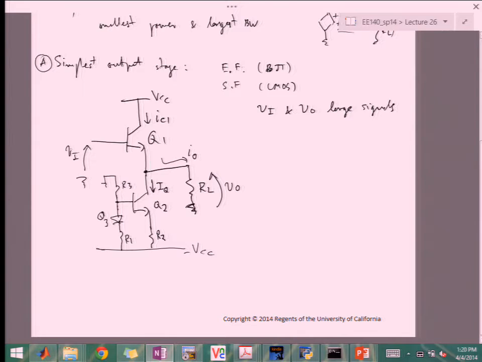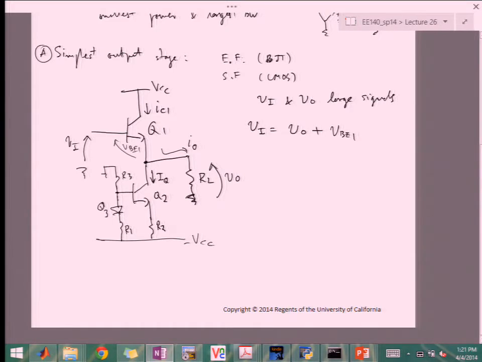And that means, because our small signal gain is on the order of 1, that VI is also going to be very large. So we have to watch for that when we do the biasing. So the first thing is that VI is going to be VO plus VBE1.